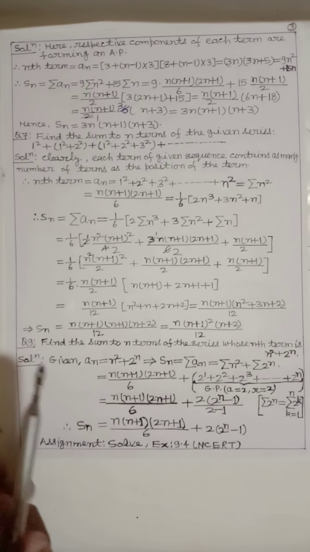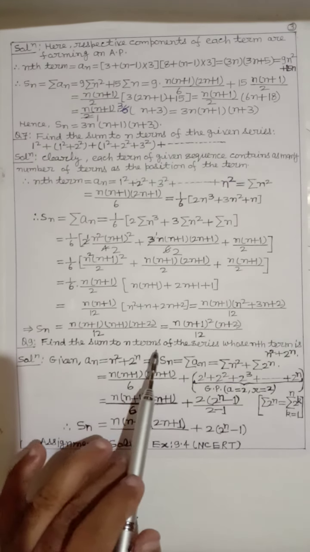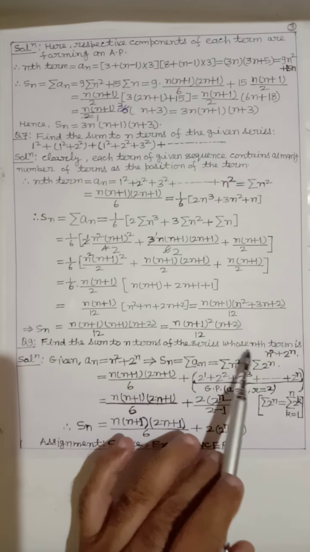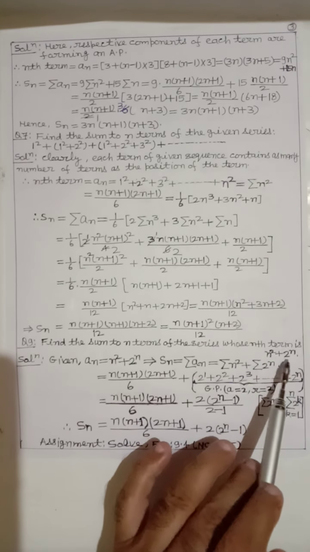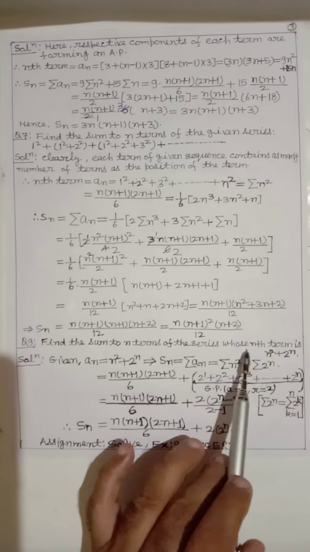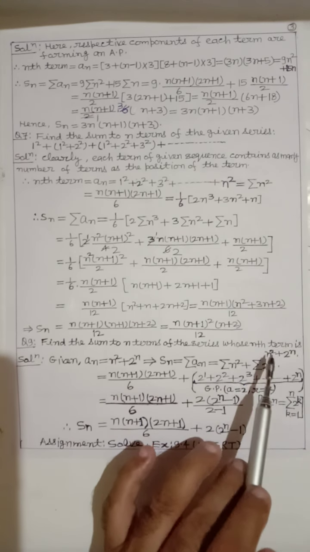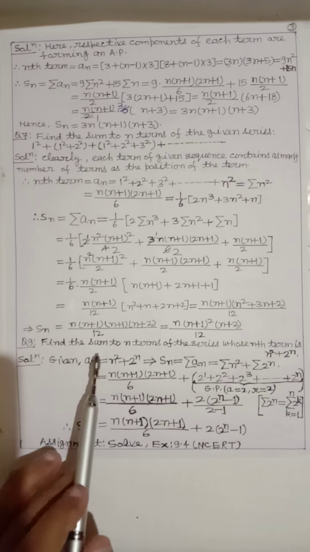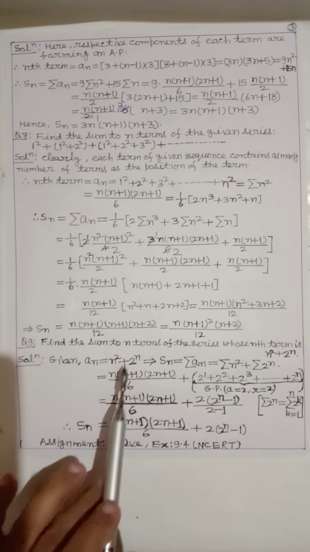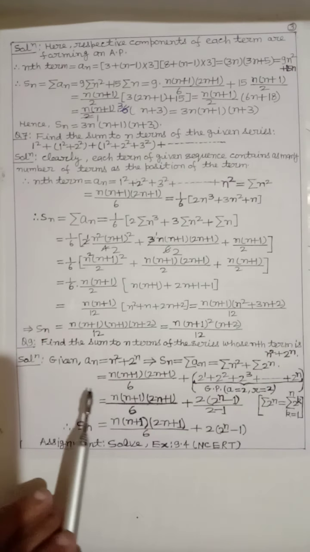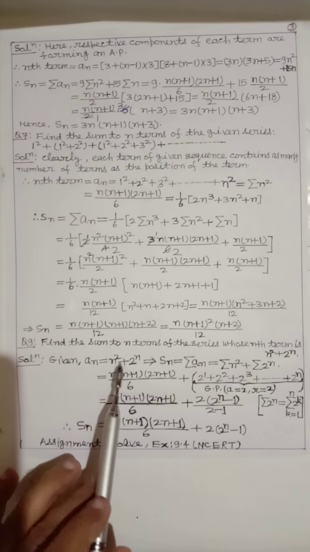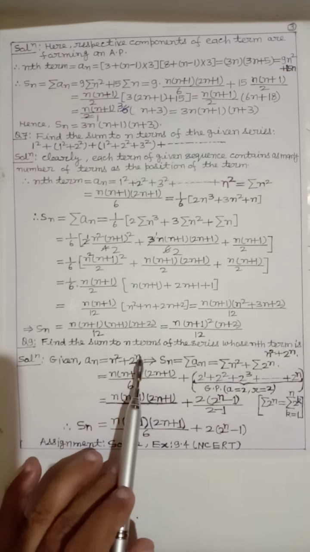Question number 9. Find the sum to n terms of the series whose nth term is n square plus 2 to the power n. This is the nth term of the given series. We have to find the sum to n terms. Given an, means nth term, already we have given. This is equal to n square plus 2 to the power n.